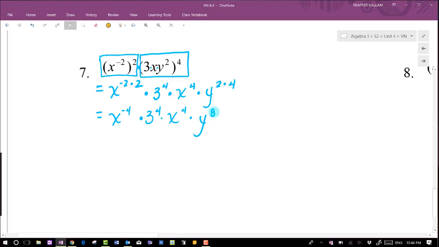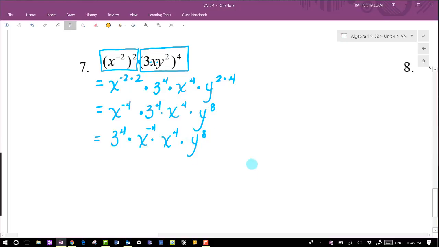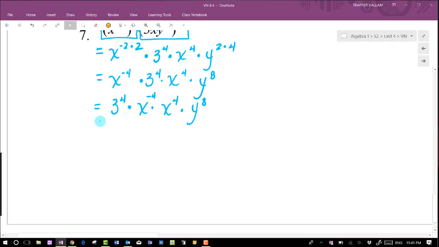Now I'm going to use the commutative property to rearrange all of my terms, or parts of my bases, in the right order. I'm going to move the coefficient out first, then I'm going to multiply it by one of my bases that I know I'm going to multiply together. So I'm going to have x to the negative 4th times x to the 4th, and then finally that y to the 8th. Now I've got everything arranged in order using the commutative property.